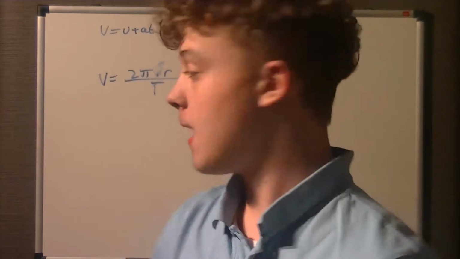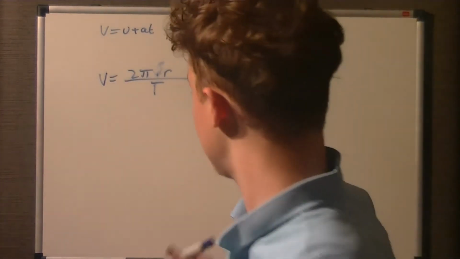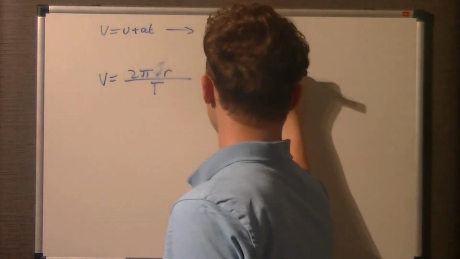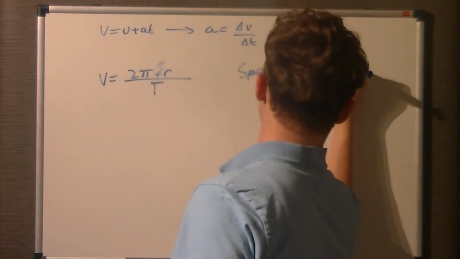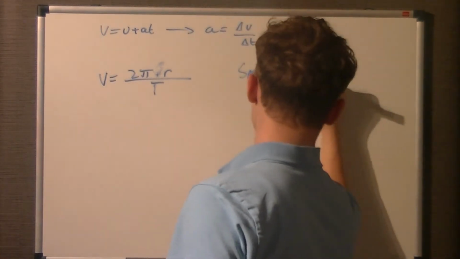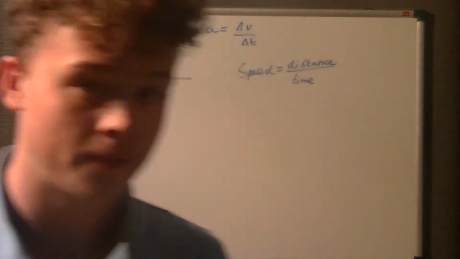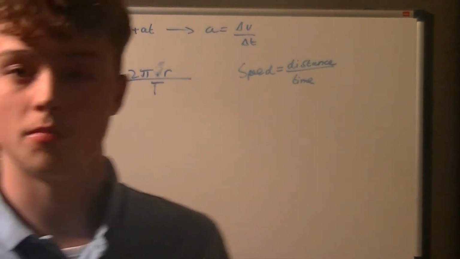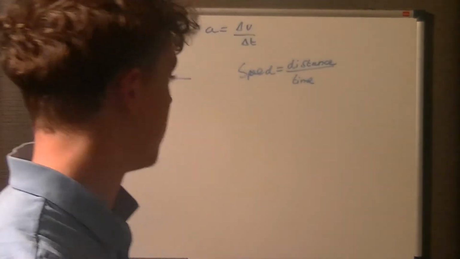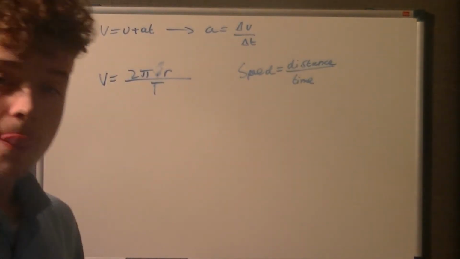So you might get asked about a change in speed. We know speed equals distance over time. This might seem a bit babyish, but I just want to make sure that you understand it. No offence, of course. So, speed is distance over time.